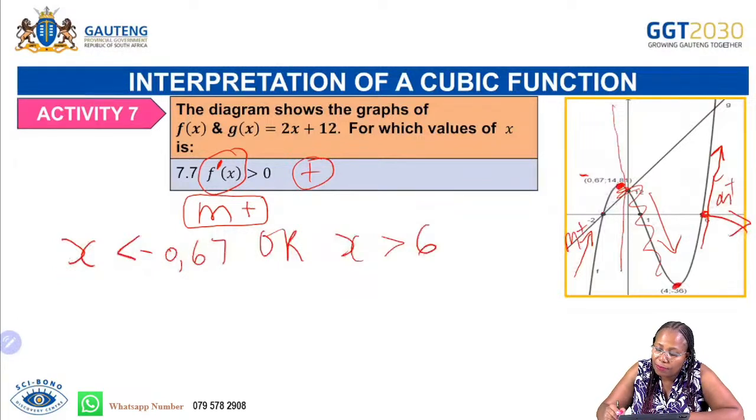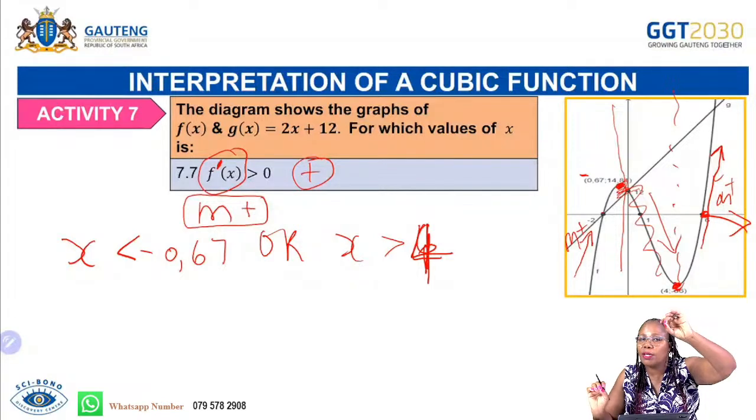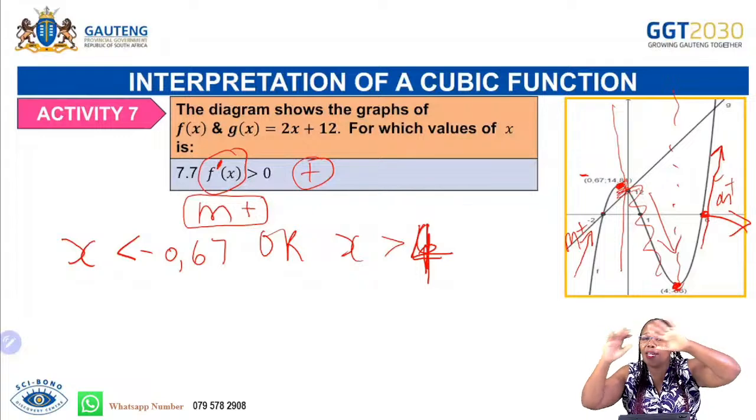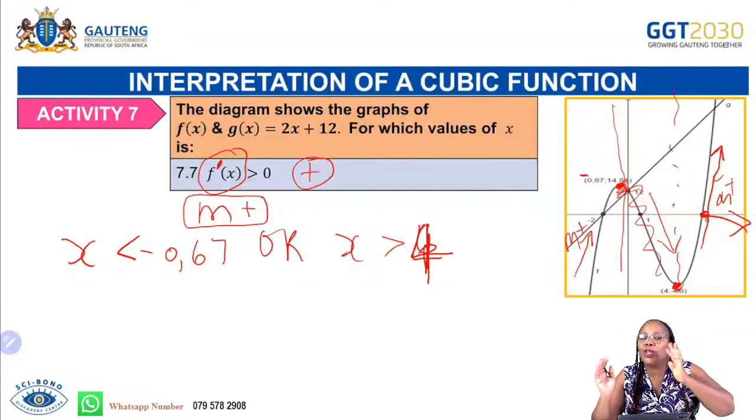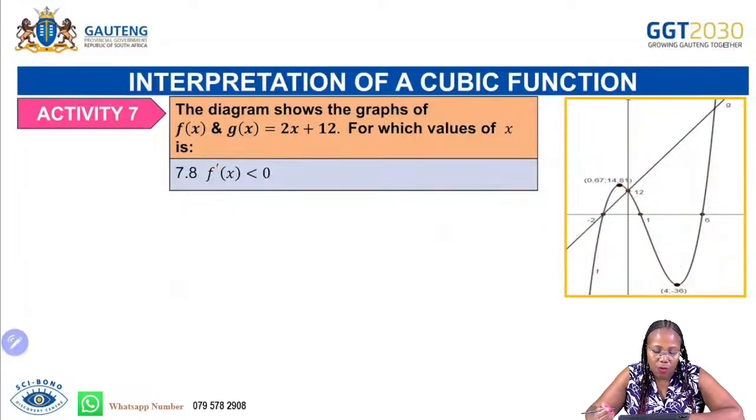Sorry for that, it is from 4 here. Remember, for the gradient we use the stationary point. For the positive and negative parts of the graph, we depend on the x-intercept to identify that. I hope that is clear.